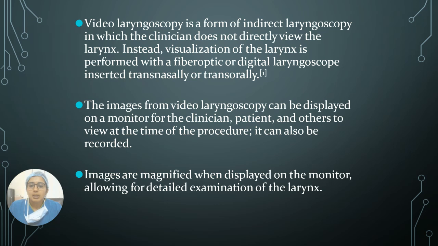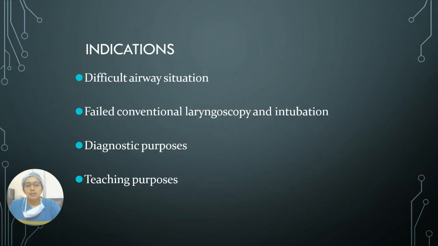It can also be recorded. Images are magnified when displayed on the monitor, allowing for detailed examination of the larynx. Indications: difficult airway situations, failed conventional laryngoscopy and intubation, diagnostic purposes, and teaching purposes.